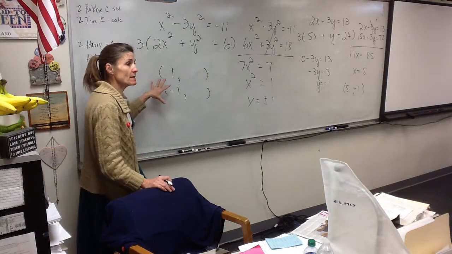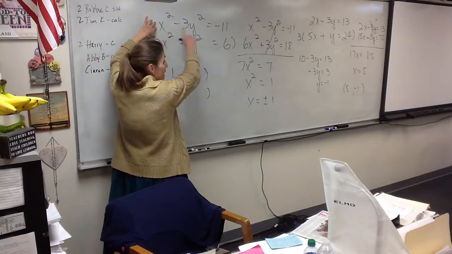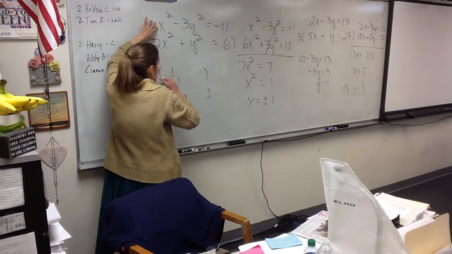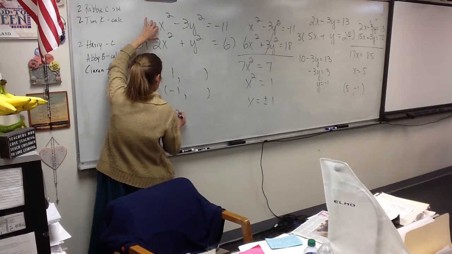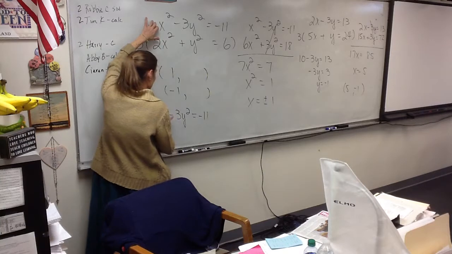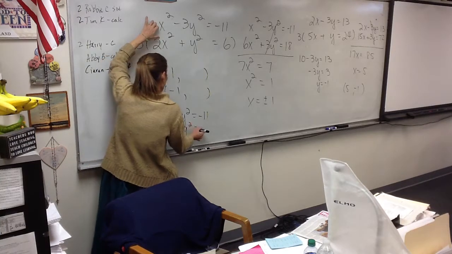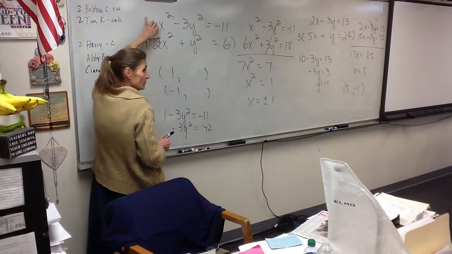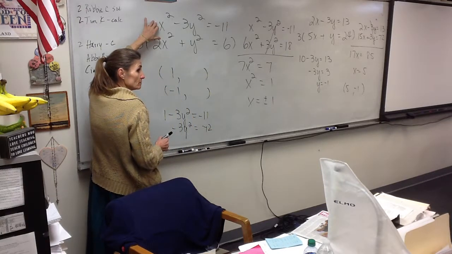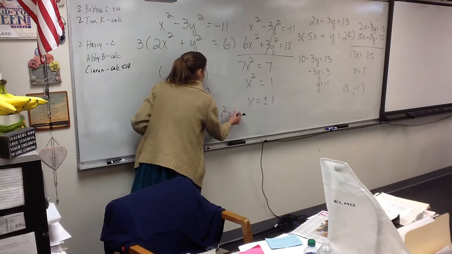Now, where do I go from here? I plug it in. So if I plug in to my top equation, it's going to say 1 minus 3y squared equals negative 11. So negative 3y squared equals negative 12. Y squared equals 4.